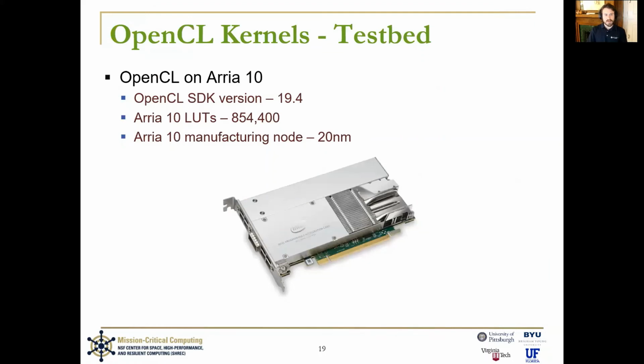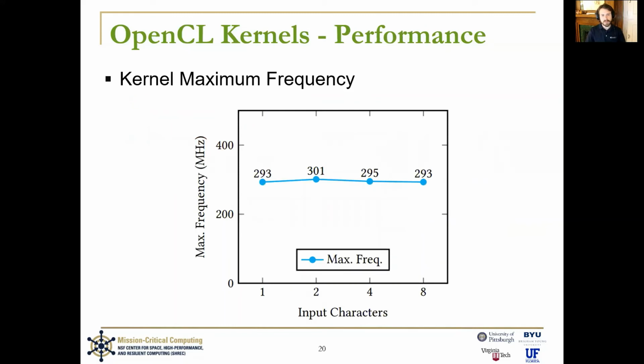The results were collected on an Arria 10 programmable acceleration card using the OpenCL SDK version 19.4. The Arria 10 has about 800,000 lookup tables in this iteration and is manufactured using a 20 nanometer node. First, we can take a look at the maximum kernel frequency for each of the kernels.